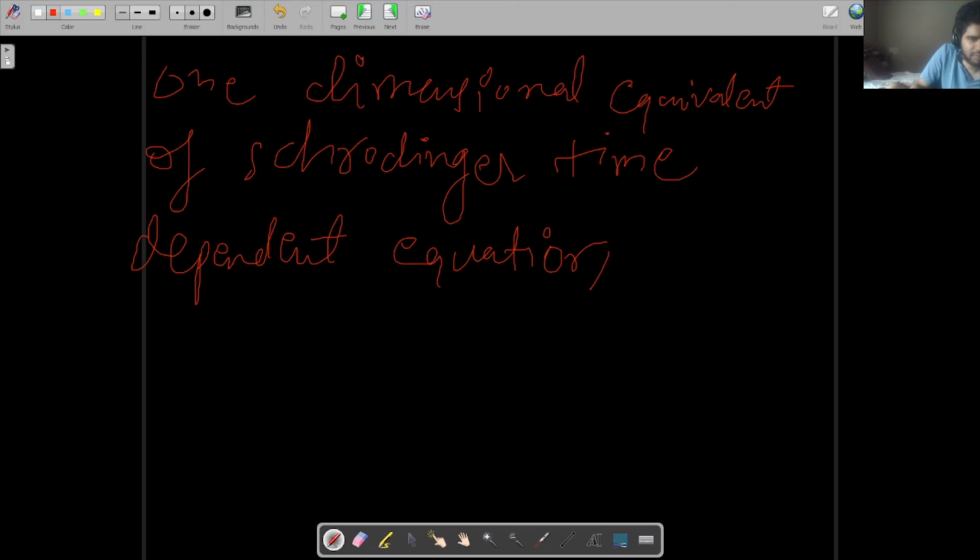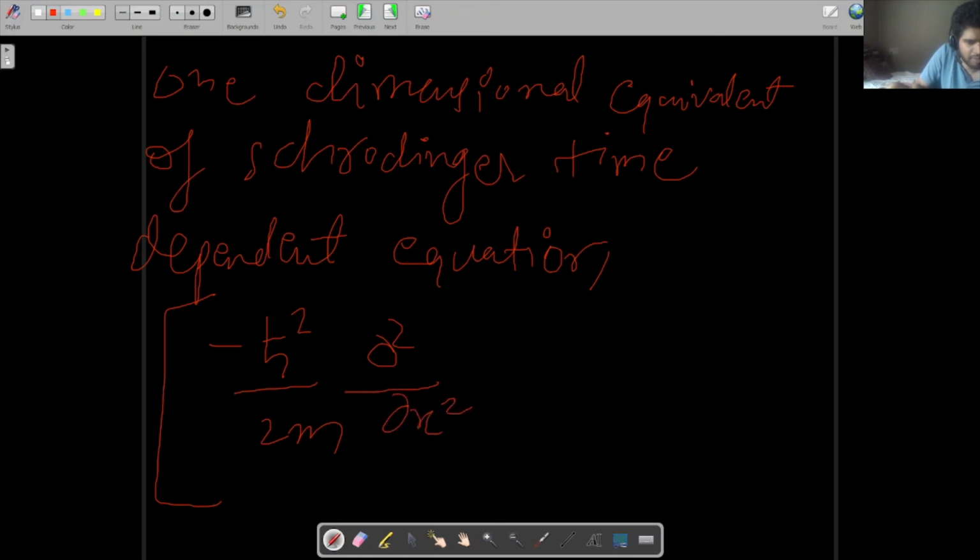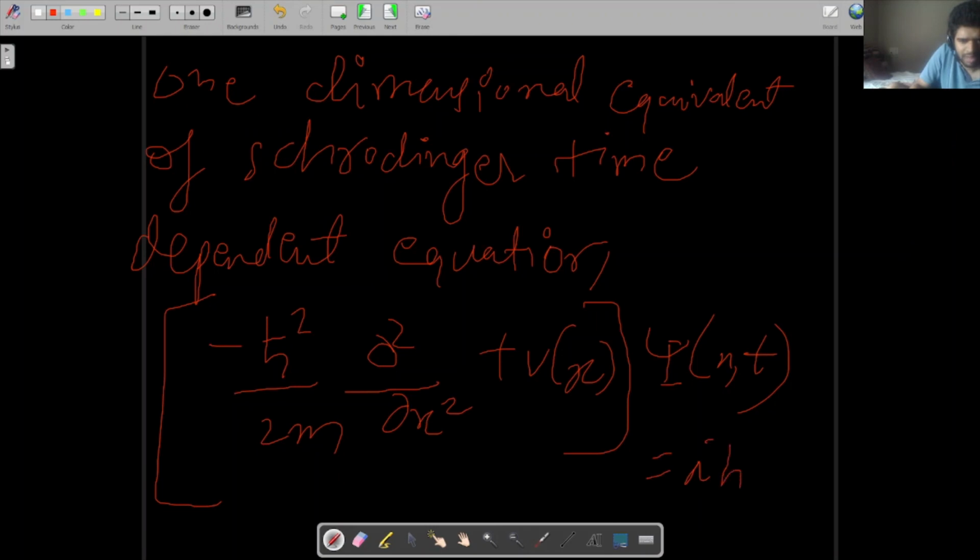The one dimensional equivalent of the Schrodinger time dependent equation is like this: h cut square divided by 2m del 2 by del x square, again I am writing just for the sake of convenience, for revision purposes, of psi of x comma t equal to i h cut del by del t of psi.